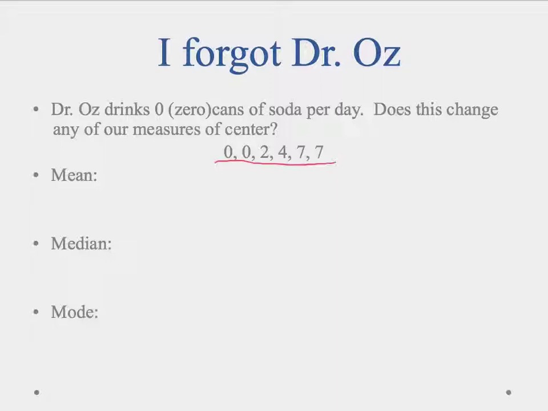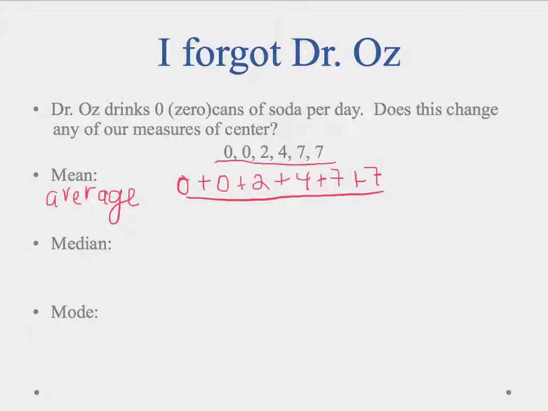So I'm talking about the mean. Again, the mean is the same idea as your average. So I'm going to take the average of these numbers. I'm going to have 0 plus 0 plus 2 plus 4 plus 7 plus 7. That doesn't change our numerator, but now we're dividing by 6 cans of soda. So I have 20 divided by 6 cans of soda.